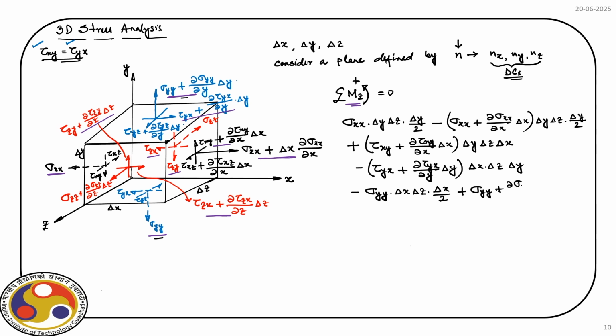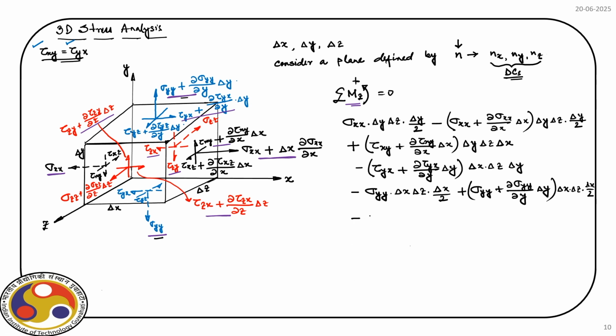So, delta y times its variation over y axis. So, we have y here times delta y. Okay. This multiplied by delta x delta z times the lever arm which is delta x by 2.